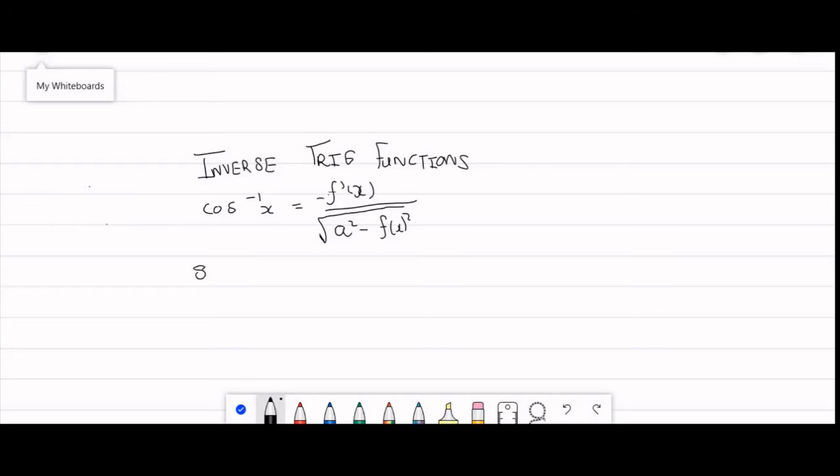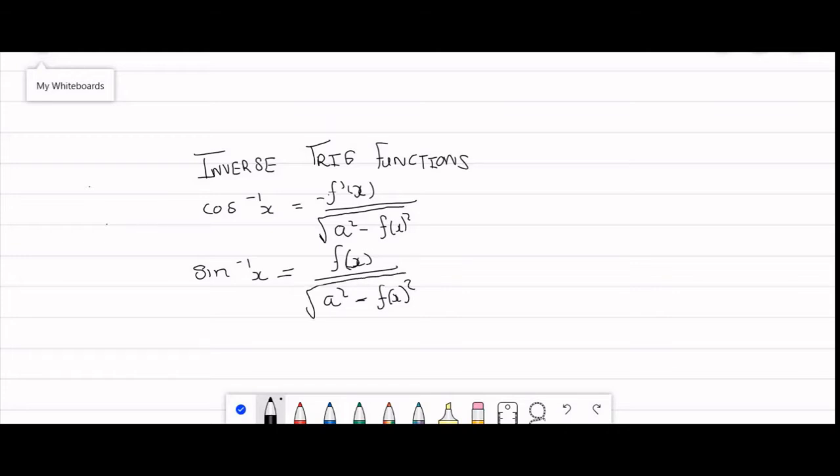Then for sine, the derivative of the inverse of sine x will be f prime at x over the square root of a squared minus f at x squared.